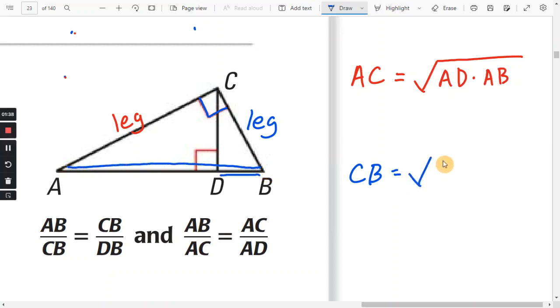So that's the square root of BD times the entire hypotenuse, which is BA. So once again, you look at the leg, you take the piece of the hypotenuse that is next to that leg and multiply it by the entire hypotenuse and take the square root.